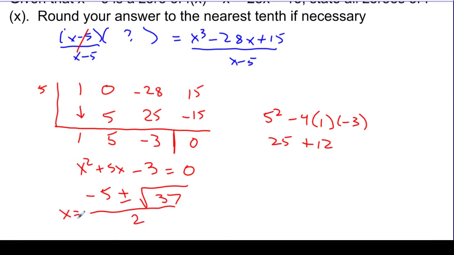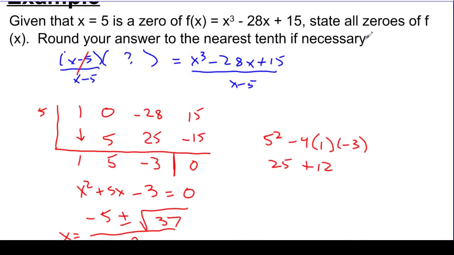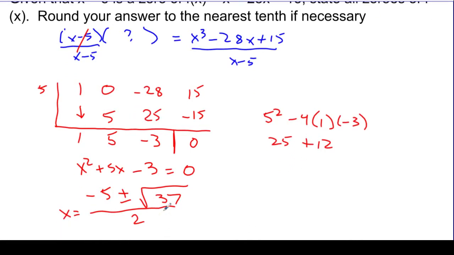So this is my answer, and this is going to give me 2 solutions. Let's go to the calculator. This is asking us to round to the nearest tenth if necessary. Well, in this case, it is necessary. So we're going to take the square root of 37, which is about 6.08, which we're rounding to the nearest tenth, so we'll say 6.1. So I can turn this into negative 5 plus 6.1 over 2, and the other one is negative 5 minus 6.1 over 2.